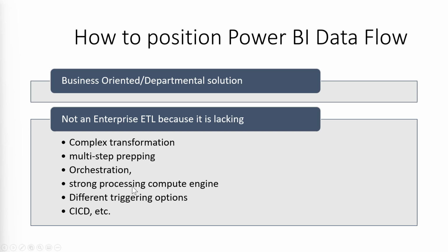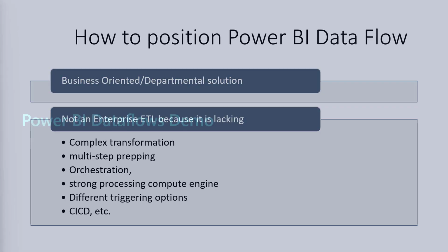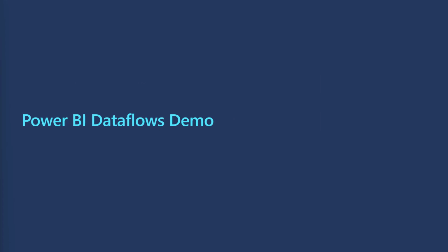It does not have a strong or flexible processing compute engine; you cannot add compute. It does not have flexible triggering options like Azure Data Factory or Synapse Data Pipeline. It does not have Git integration, etc.